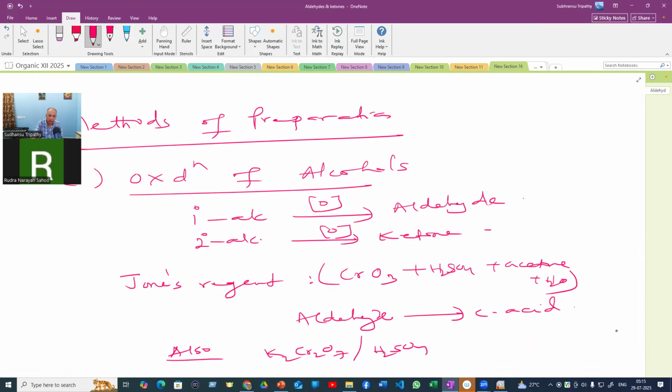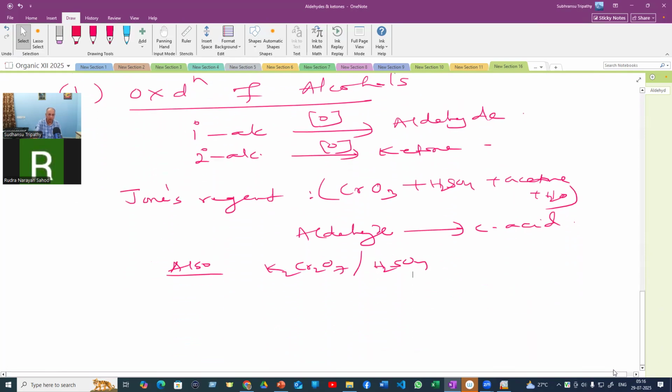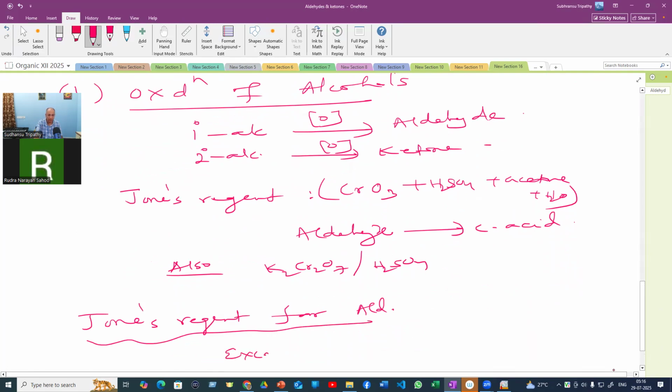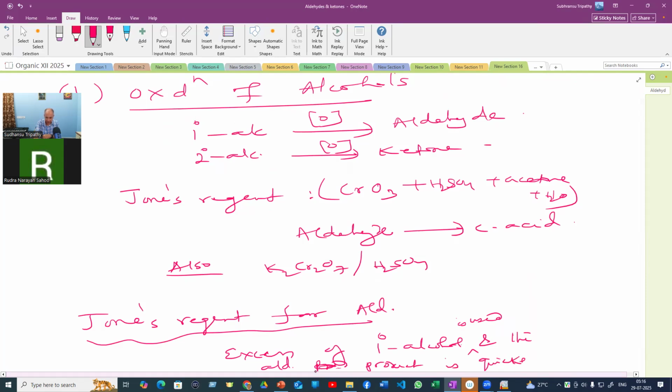So, if Jones reagent is used for aldehyde, then you have to take excess of 1 degree alcohol, and the aldehyde product is quickly removed, not allowed to further oxidize.